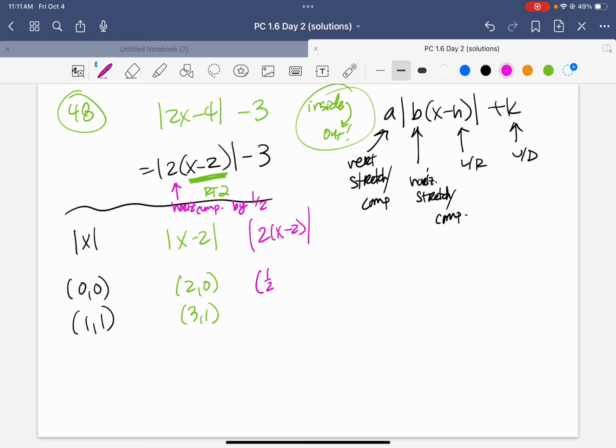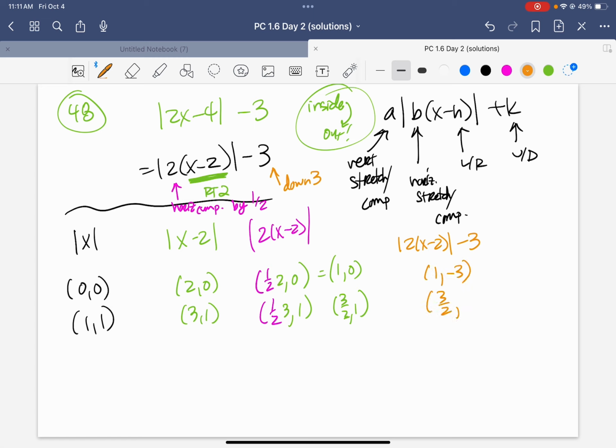So that means I multiply all my x values by 1/2, which just gives me (1, 0) and (3/2, 1). But then at the very end, this moves me down 3. So if I have my final graph, minus 3, move down 3, it's going to be this, and these are 2 points on that graph.